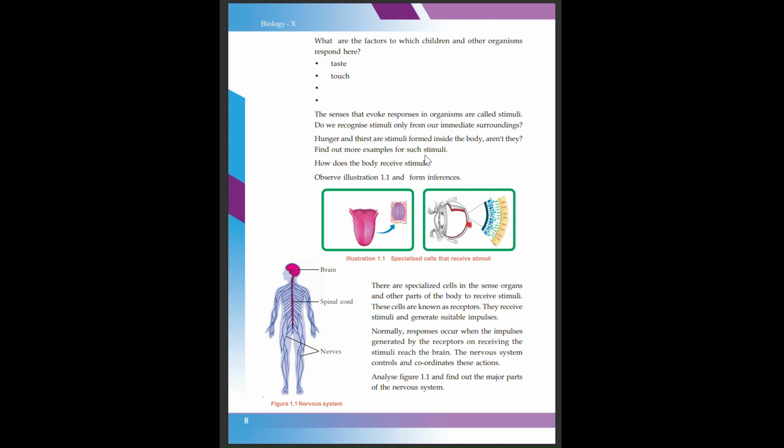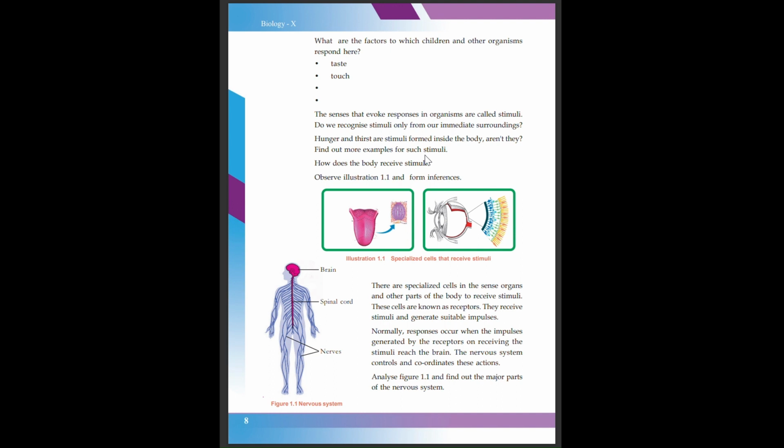See, for example, if a nail is kept on the floor and you accidentally step on it, unconsciously you will step back, right? That is the stimuli. That is the touch stimuli.